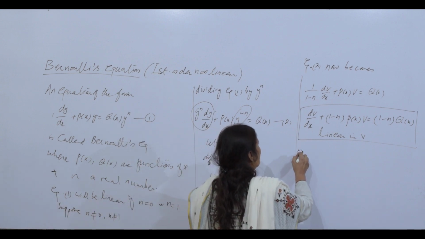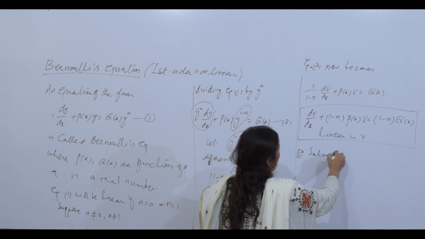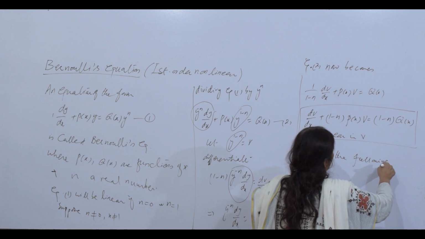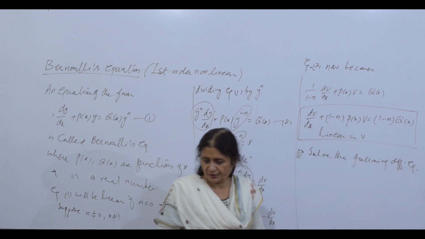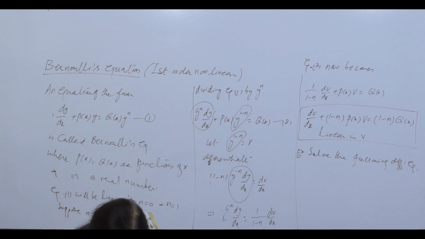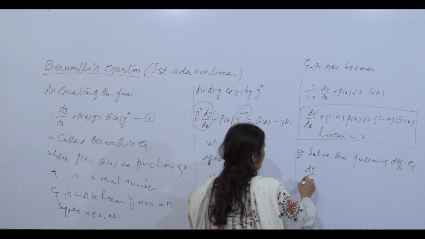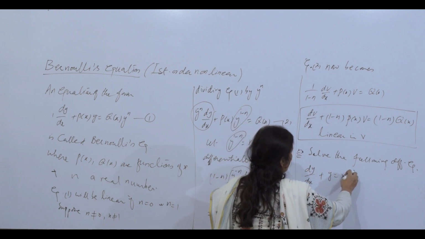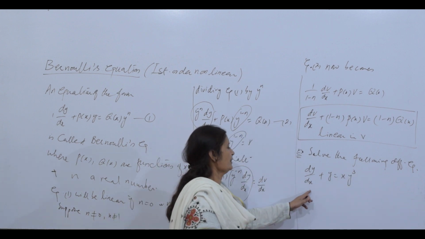Example. This is the way you solve the following differential equation. So you can have x y^3 dy/dx + y = x y^3.